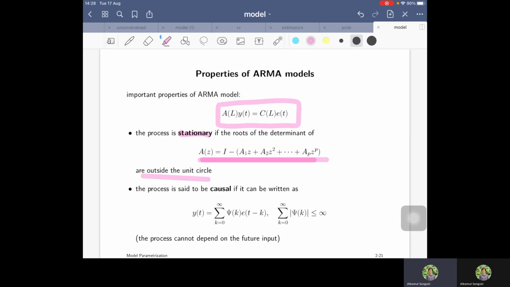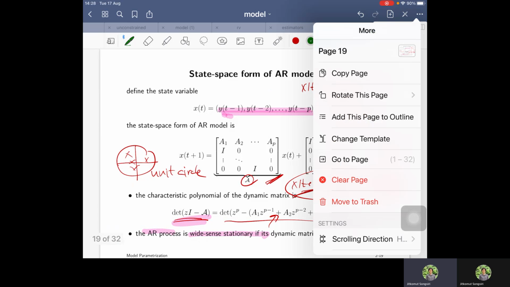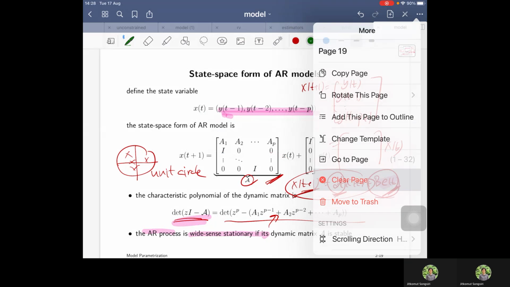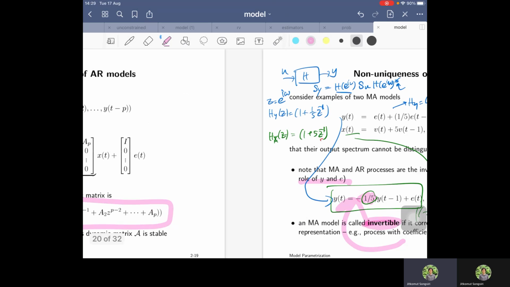Please notice that there's a slight difference between this polynomial and the one on this slide. I mean, you can just factor out the term z to the p.